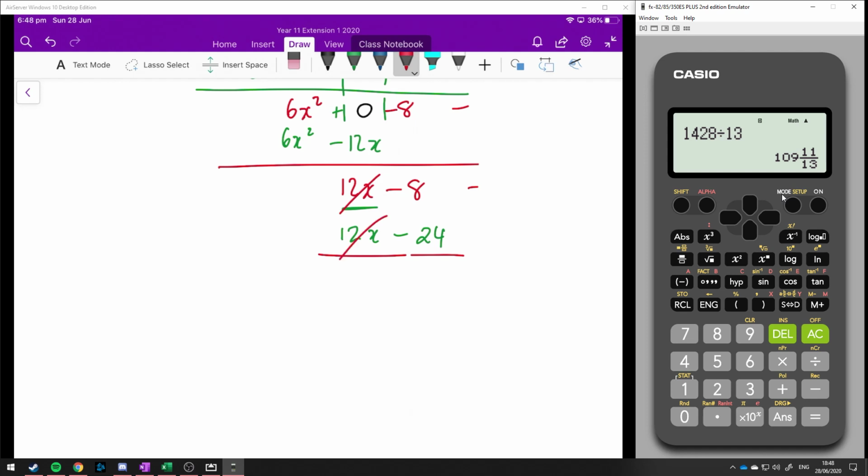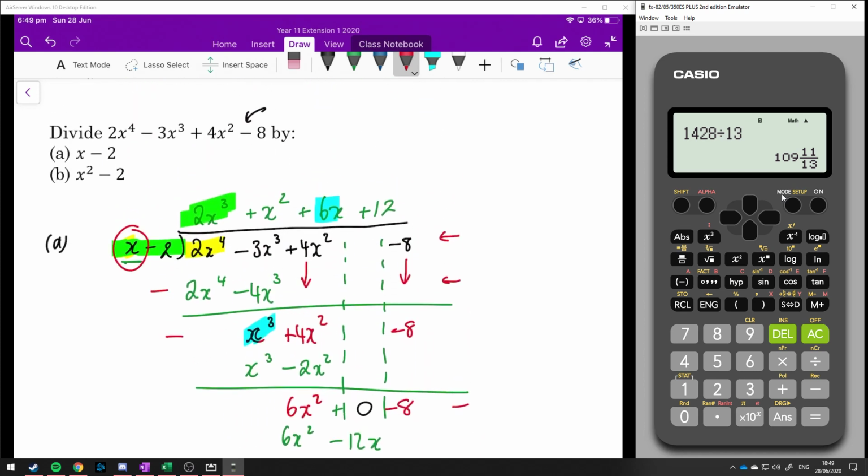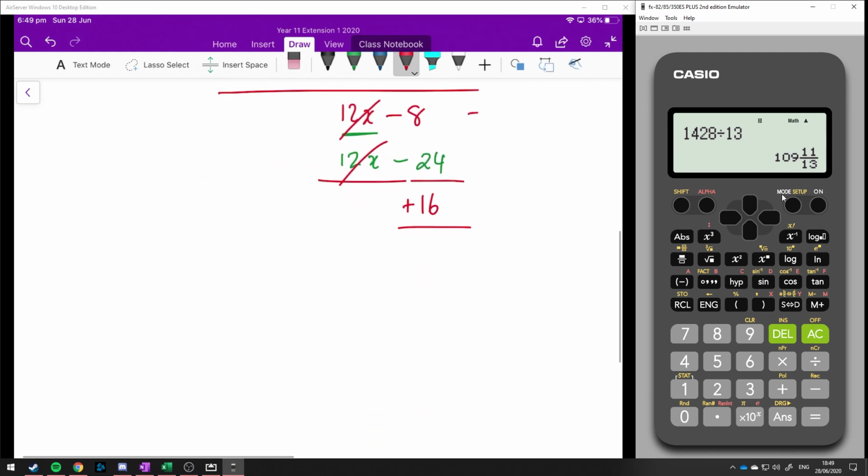Well, that one's going to cancel with that one. Minus 8 minus 24 is just equal to positive 16. And now because this one can't actually go into the x at the front here, okay, we are done.